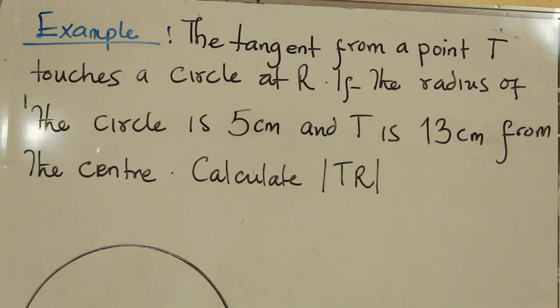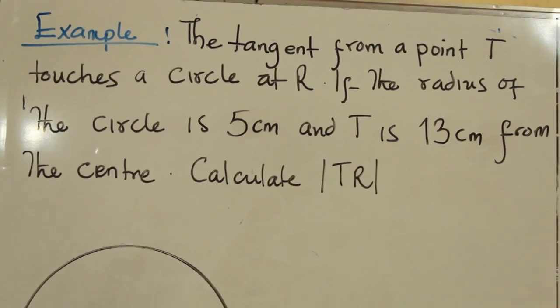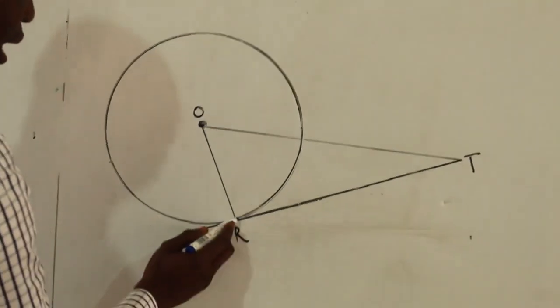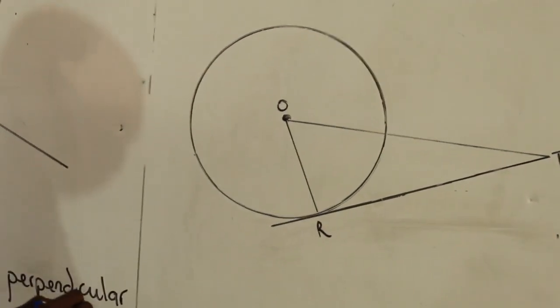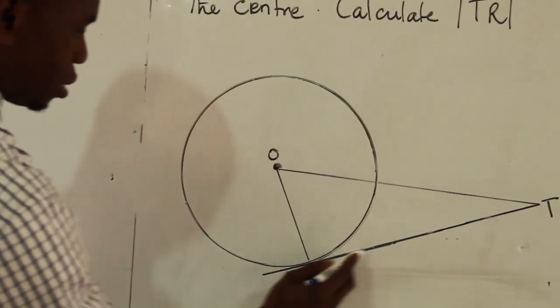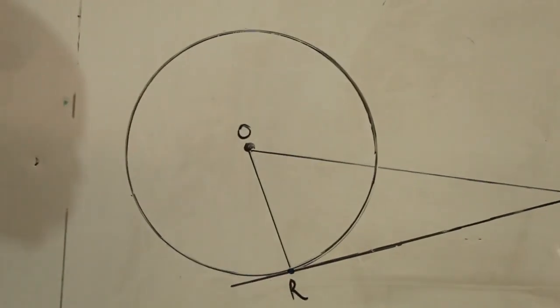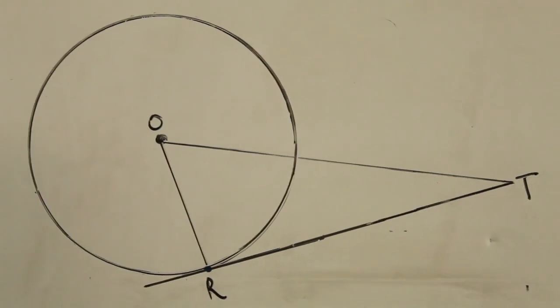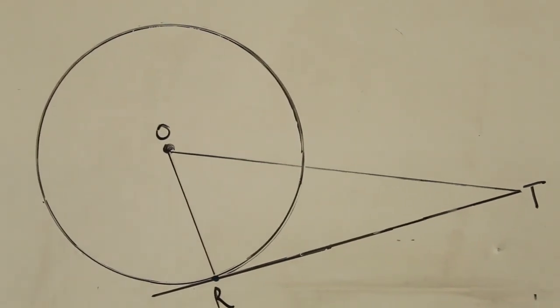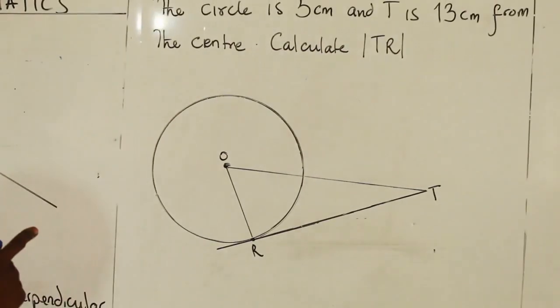In other words, we are asked to find the length of this line TR. If you notice, TR is a straight line and it is drawn to touch one point in the circumference of the circle. So TR is said to be a tangent to that circle.